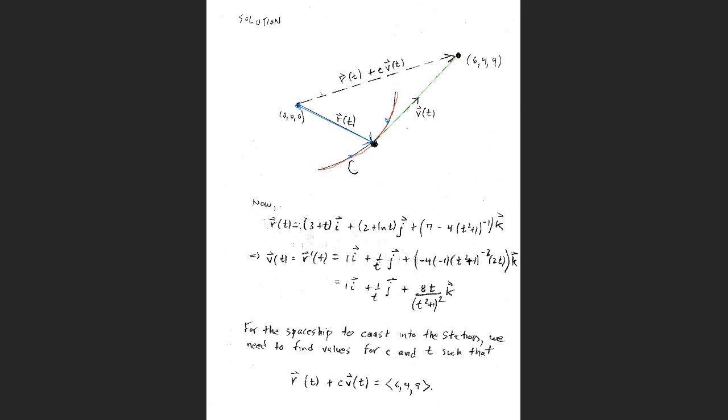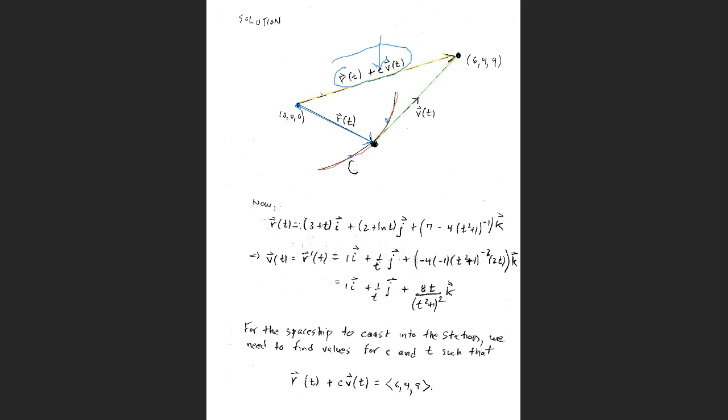In the picture, there's another dashed line up here. Does it make sense that that vector would be equal to r of t plus some multiple c times v of t, based on the picture?